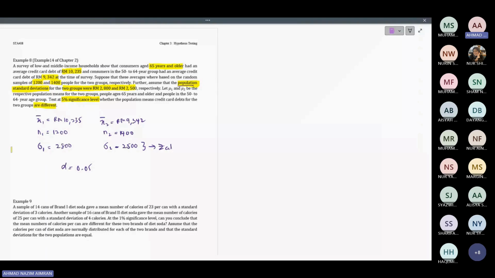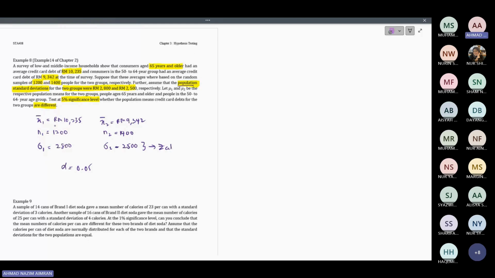So in this case, do you use a one tail test or two tail test? Class, one tail test or two tail test? Two tail test. All right, correct.